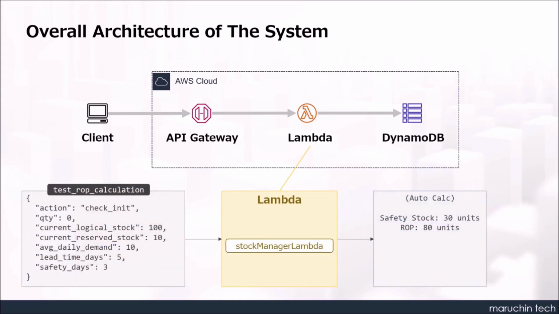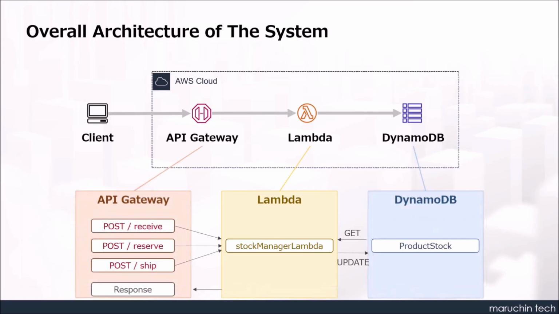Up until the previous section, we were manually inputting JSON sample data for unit tests and verifying the results using the test feature in the Lambda console. This time, we need to pass the data from API Gateway to Lambda and write the results to DynamoDB. Specifically, inside the Lambda function, we will pass the event sent from API Gateway and identify the product_id.